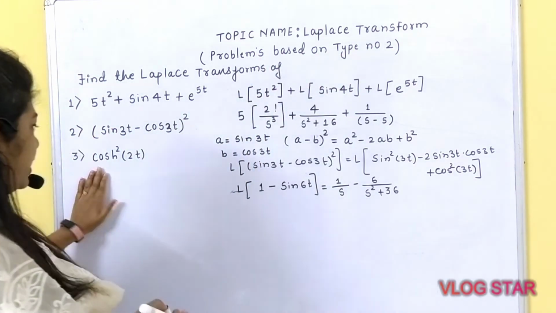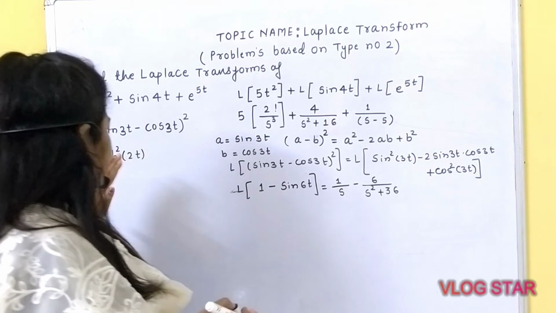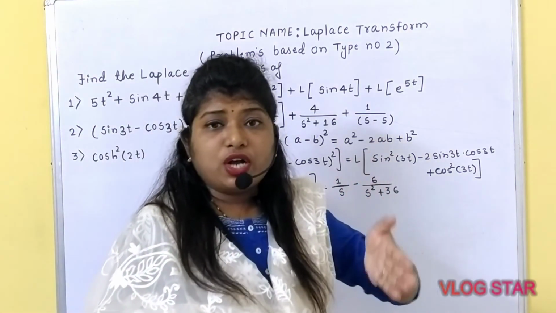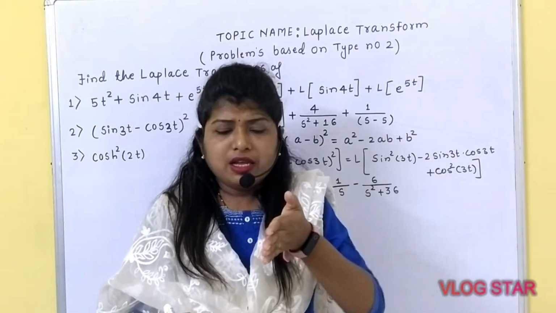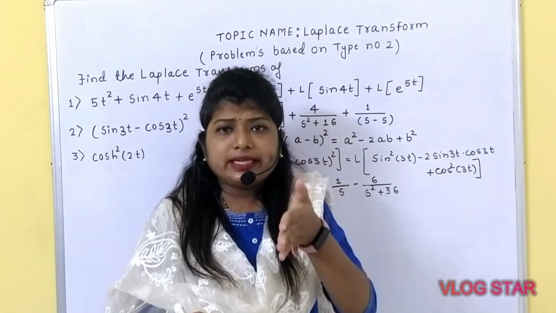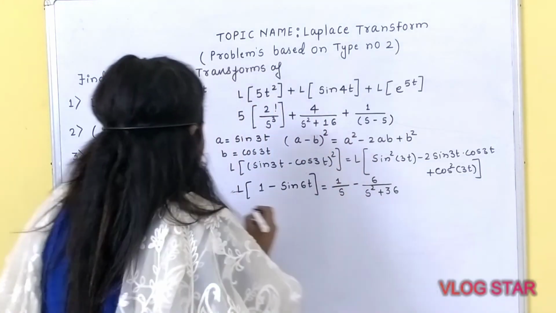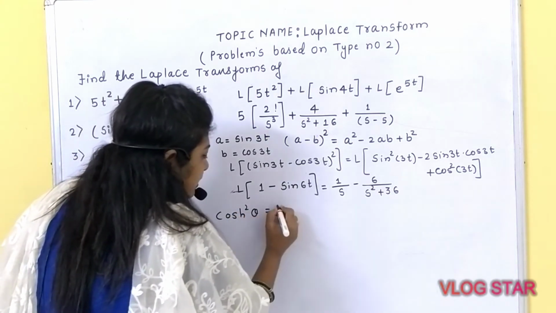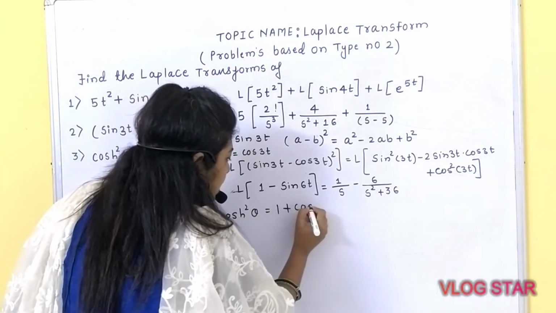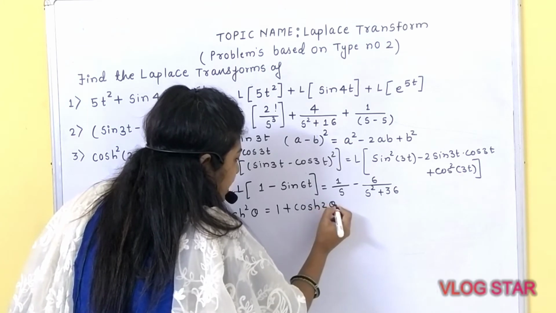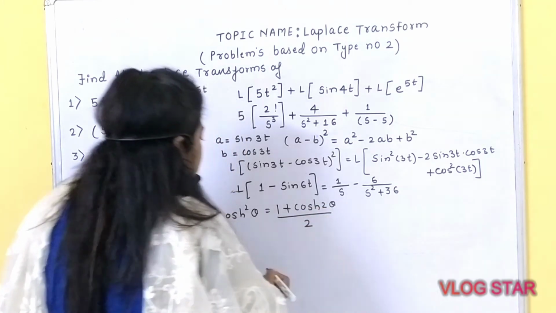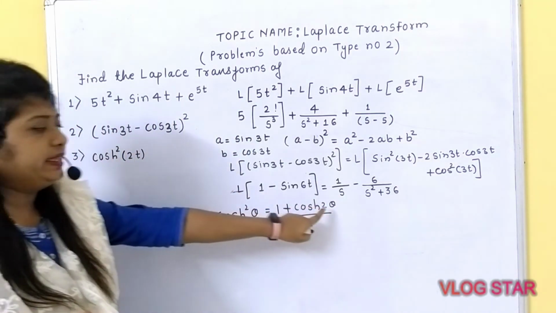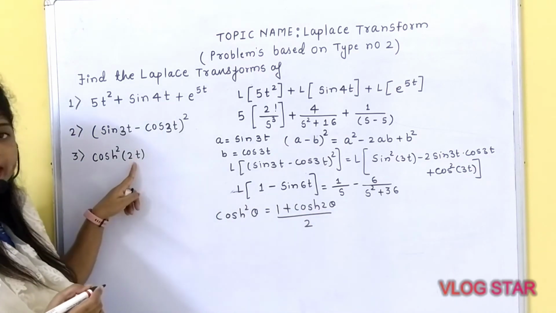Coming to the third one, if you observe carefully, it is a hyperbolic function, that is cosh square theta. So what is cosh square theta? Can I write it in this format? Cosh square theta is equal to (1 plus cosh 2 theta) by 2. If you observe carefully, theta is equal to what in the given example?